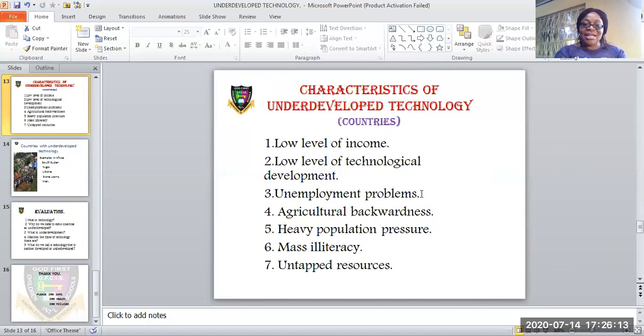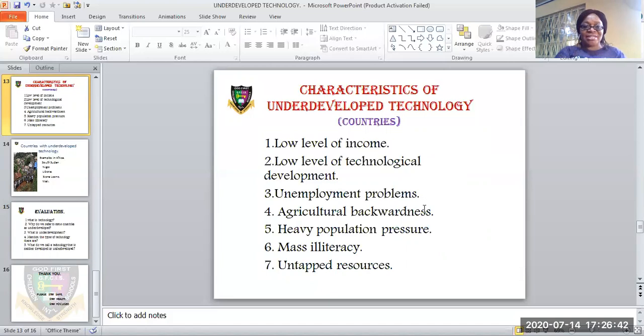Do you understand? That will bring in so much money. Remember, unemployment is where we have able-bodied men and women who are not working. So there's a problem in such nations. They're so underdeveloped that most of them don't have jobs. They don't even know what to do. They are just there, unemployed.